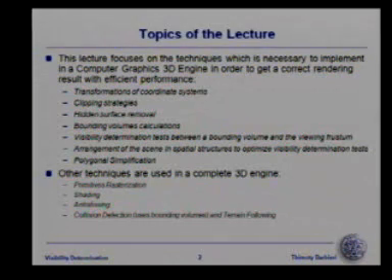So clipping strategy is one thing. Hidden surface removal is another strategy. The idea is, if something is hidden behind something else, then I can safely cull it away. So the idea is to think about strategies to detect when a specific surface is actually hidden from view because of an occlusion by another surface which is in between the viewer and that surface.